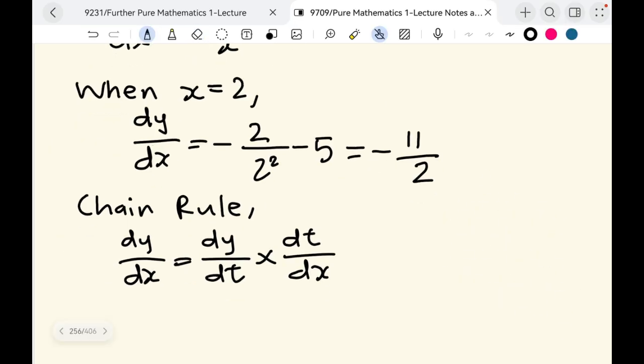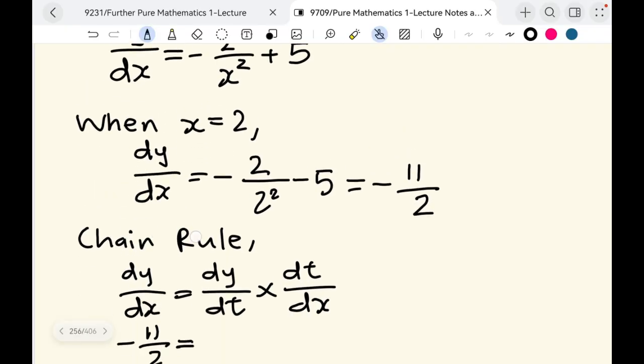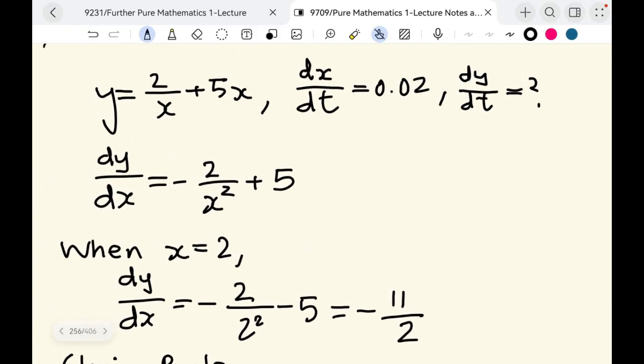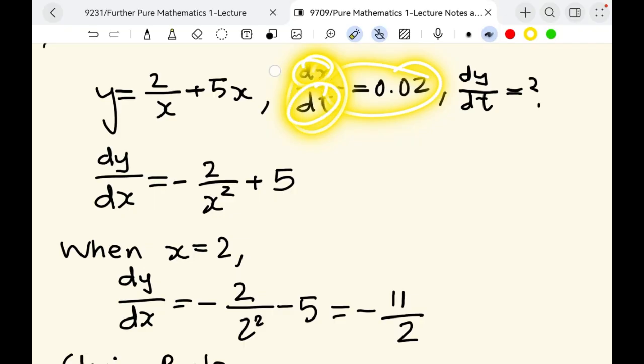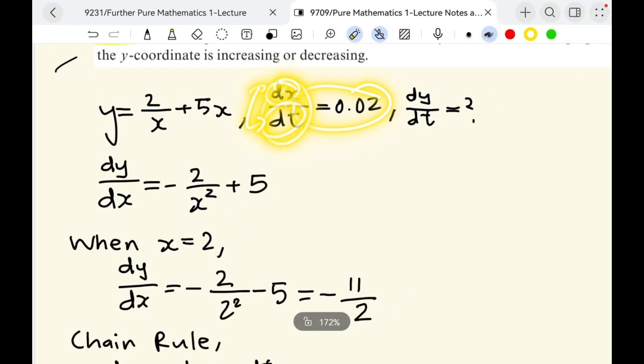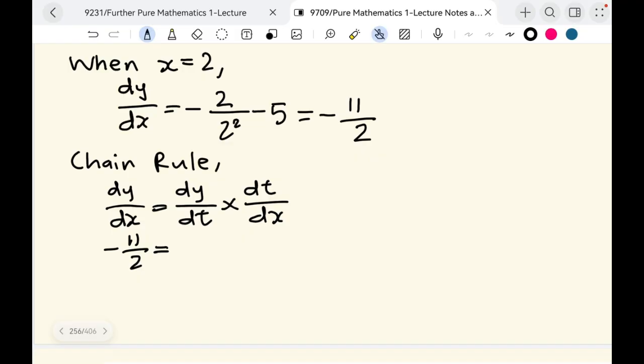So use the fact of this, negative 11 over 2 is equal to dy dt times dt dx. But the place of the two have swapped, which means that the dt dx must be the reciprocal of the dx dt, which is 1 over 0.02.